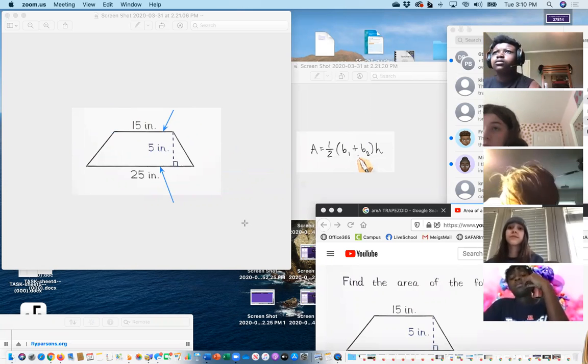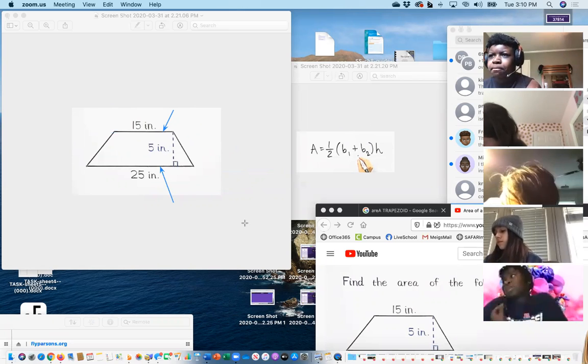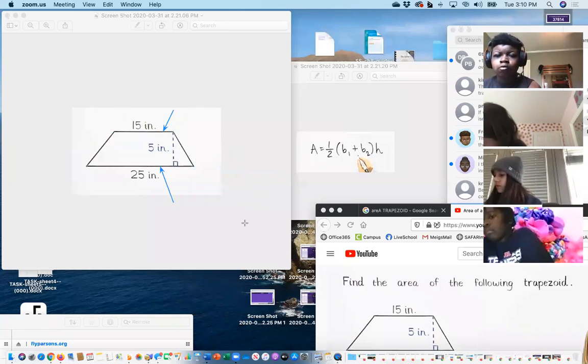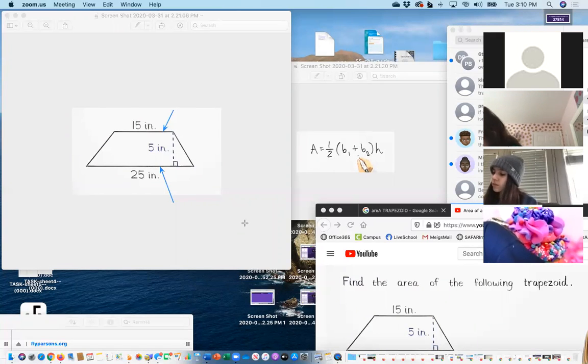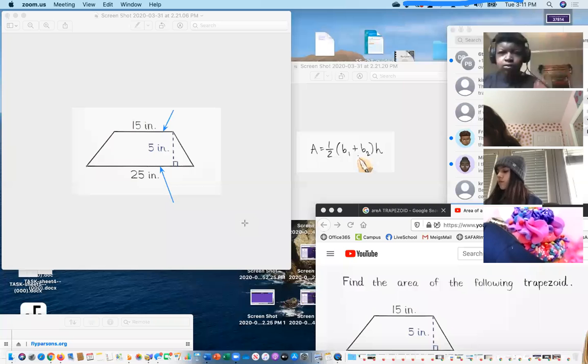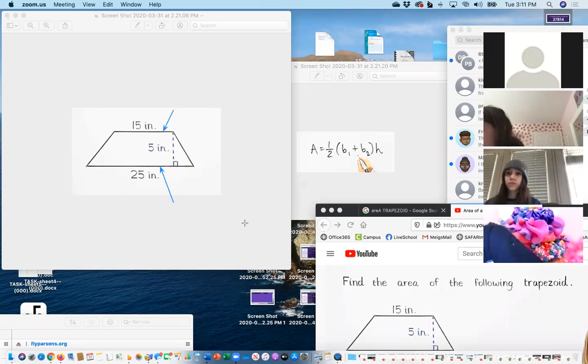So when you find a trapezoid, find the set of parallel lines. Take those two numbers, add them together, half it, and then multiply it by the height, and you'd have the area of the trapezoid. Because literally what you're doing is cutting the trapezoid horizontally and flipping it and sticking it against the other one, and it makes a parallelogram, and then it's base times height, right? That's why it's got the half. Does that make sense?